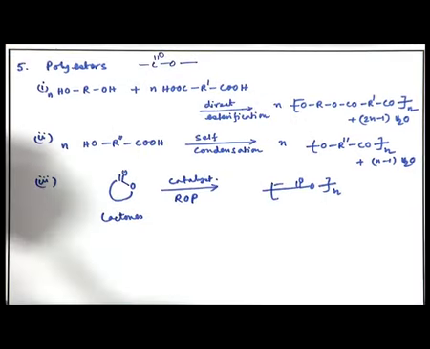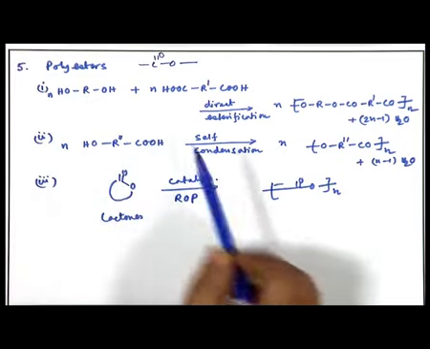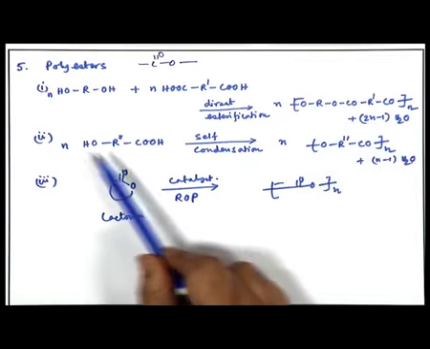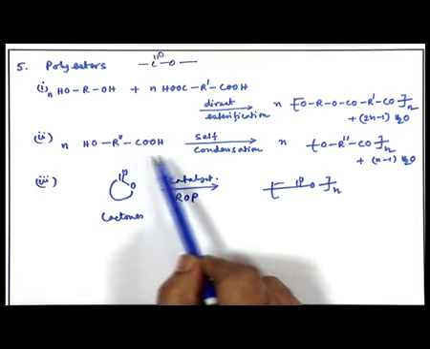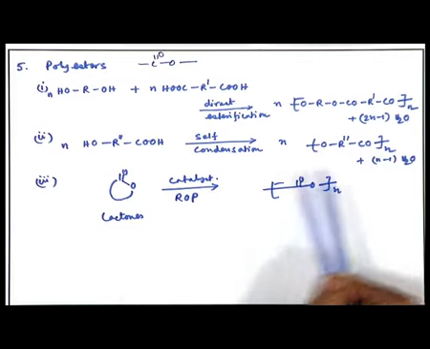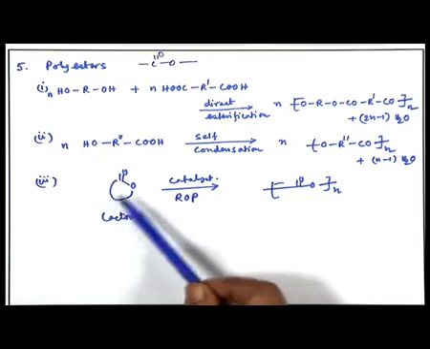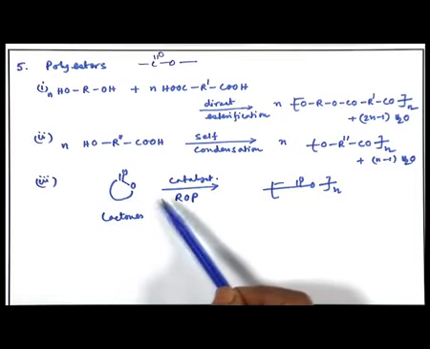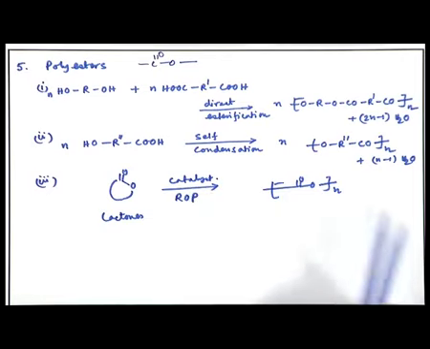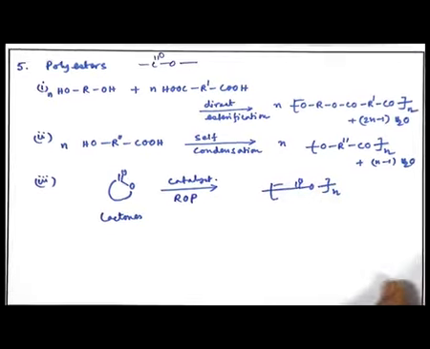Again, like polyamides, you can have three methods: direct esterification of a diol and a diacid to produce a polyester; or you can take a hydroxycarboxylic acid and do a self condensation to get a polyester; or you can take a cyclic ester monomer, which are lactones, and do a ring opening polymerization and get the polyester in this case.